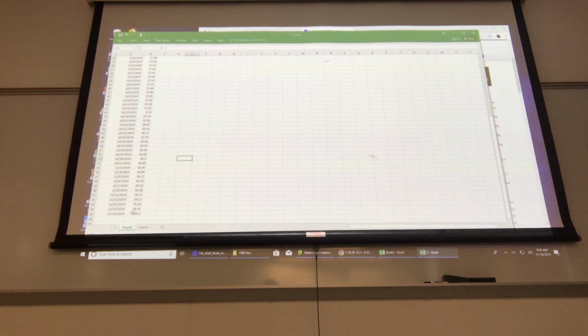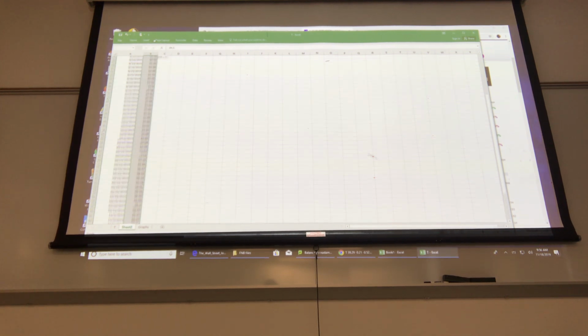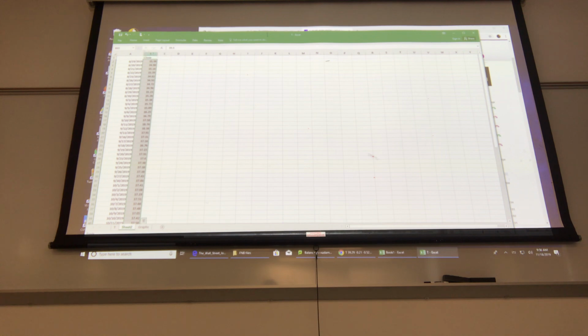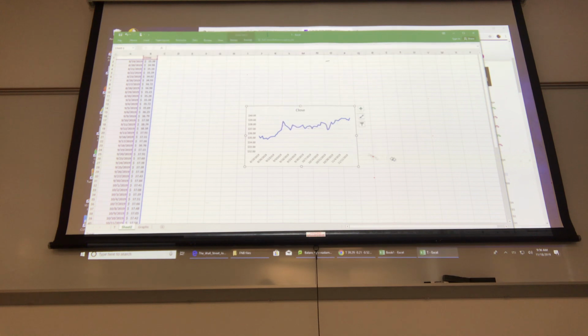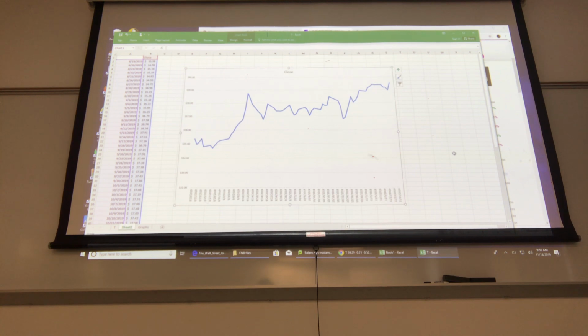Before I do that, I would like to format everything that is prices as dollars. And I want to take it and see how I will make another graph. This graph is the closing price of the stock. And I see what is happening with the closing price of the stock.